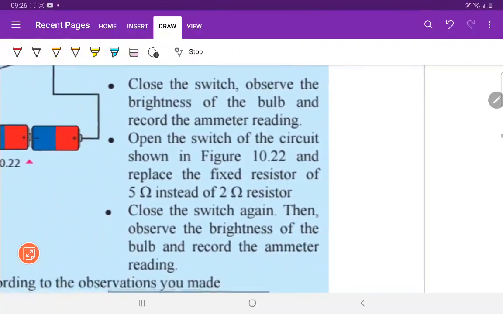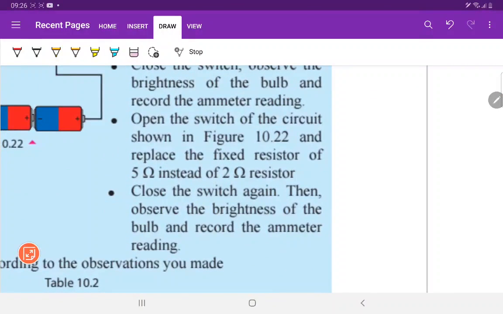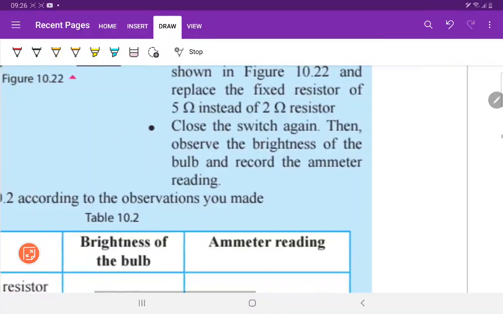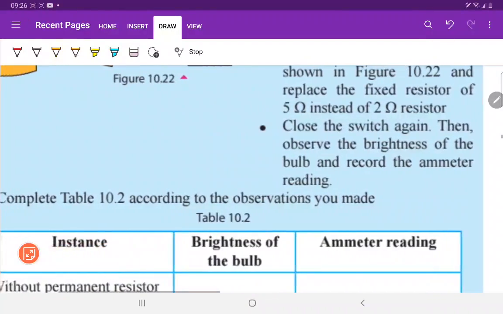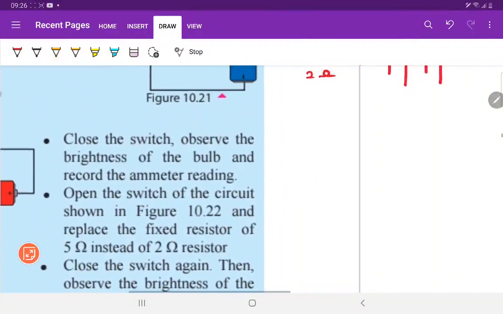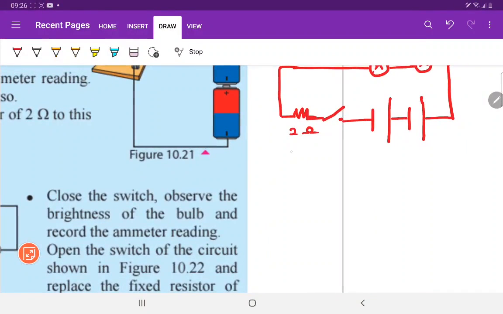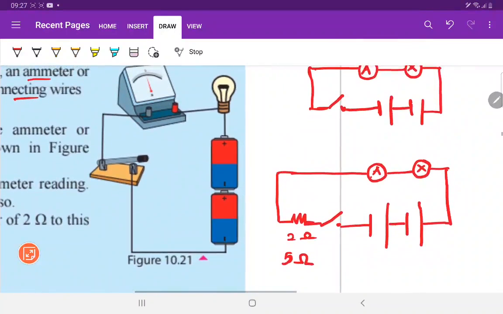Close the switch again, observe the brightness of the bulb and record the ammeter reading. First the 2 ohm resistor, second the 5 ohm resistor, you connect it and then check the ammeter reading.